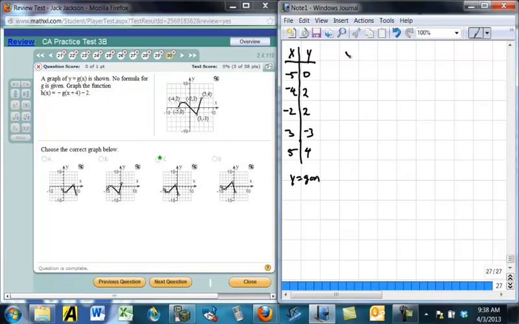Now the next stage, the first thing I'm going to do is get that minus. So I've got y equals g of x, or y equals minus g of x. So notice I'm going to change the sign on y. So I'm going to leave the little x's alone and change the sign on y.